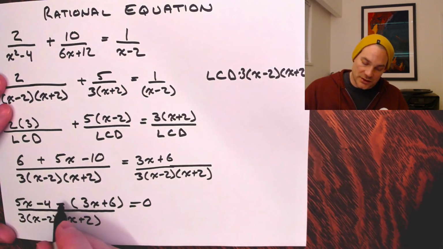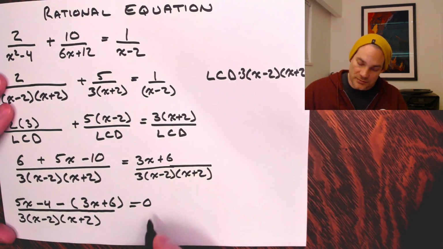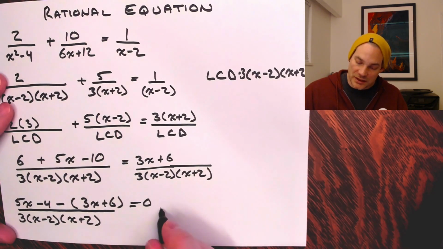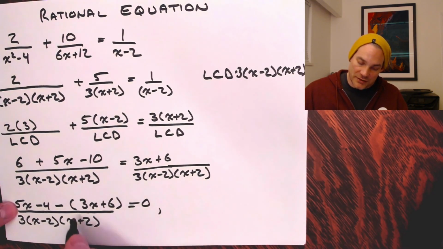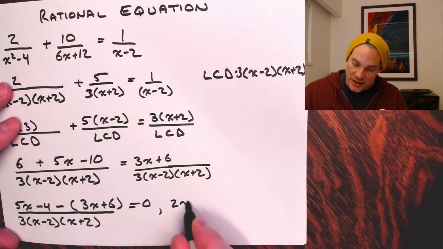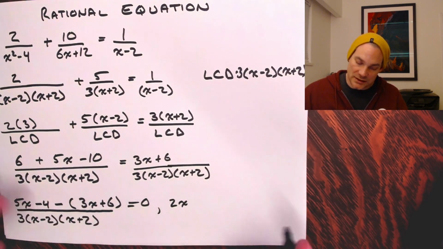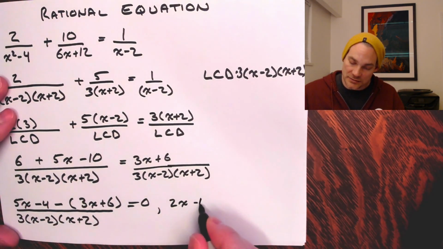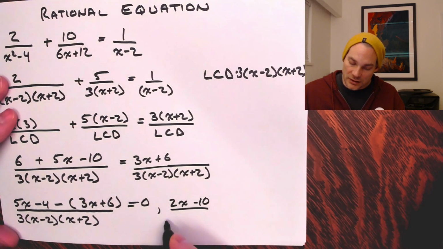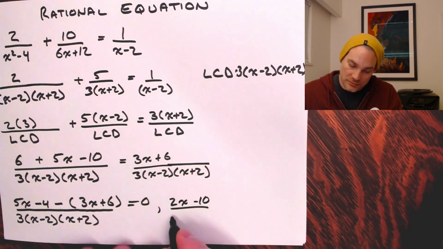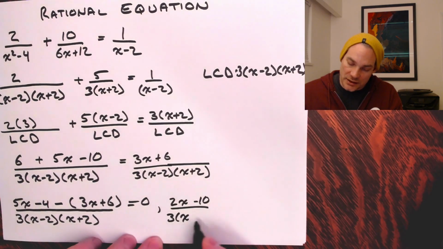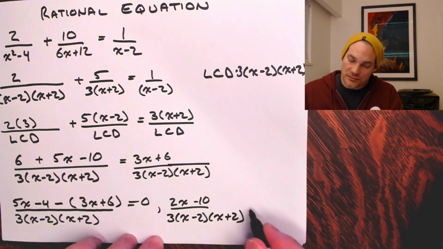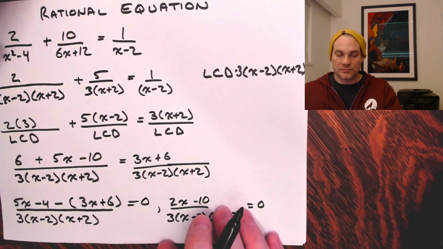So now I just group the terms. In this case, it'll be 5x minus 3x is just 2x, and then minus 4 minus 6 is minus 10, all over 3(x minus 2)(x plus 2), and that equals 0.